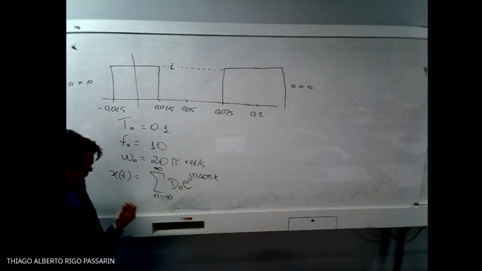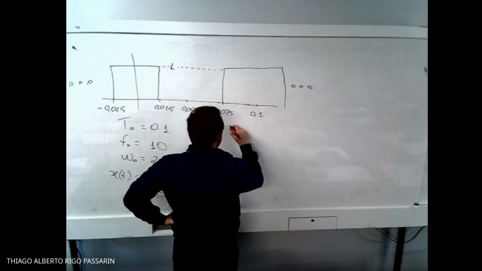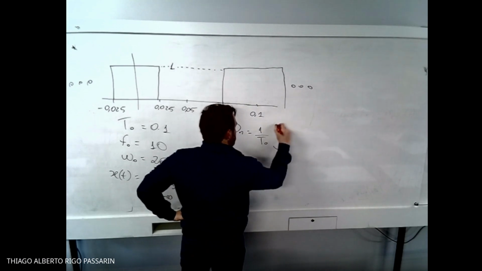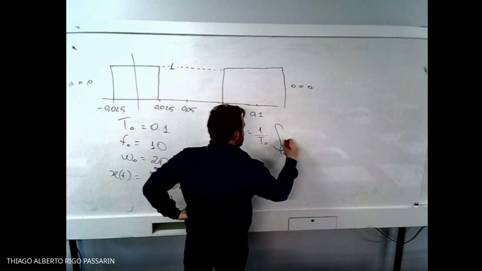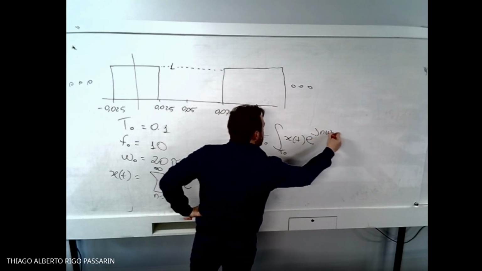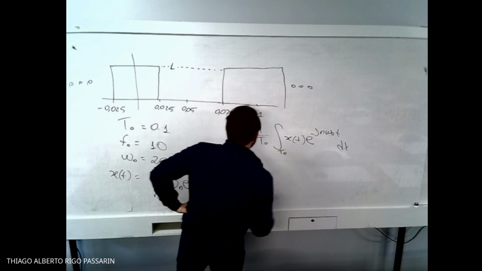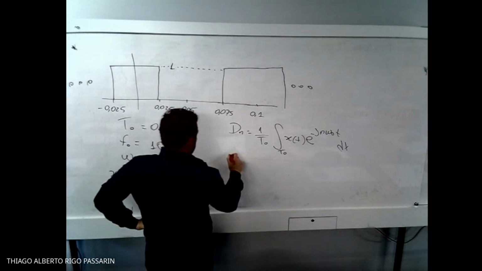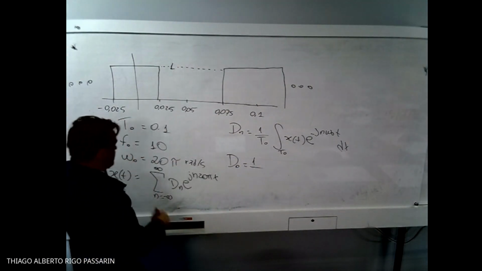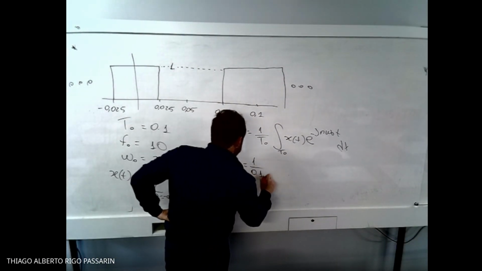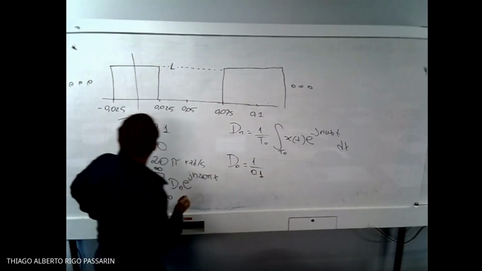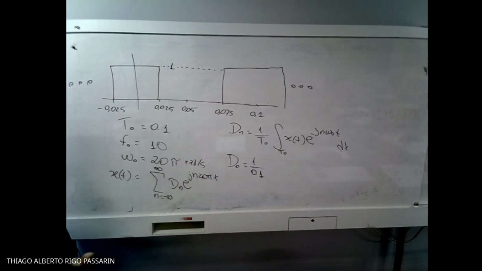We can try to find D0. So dn, the expression is 1 over T0, the integral across T0, x of t, e to the minus jn omega 0 t dt. Let's try to find D0. So T0 is 0.1. We can integrate across one full period.